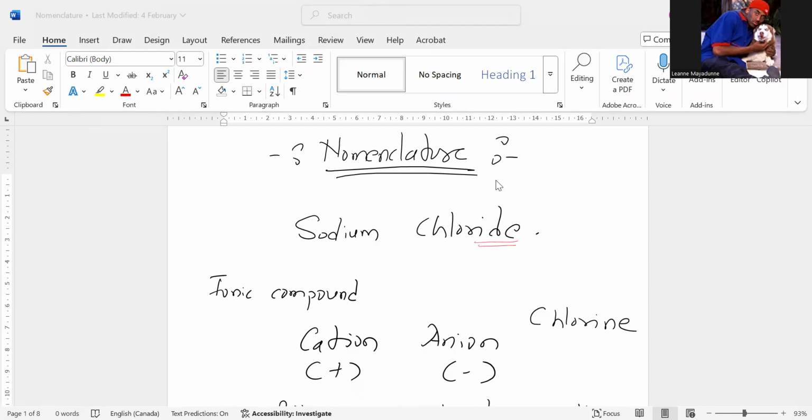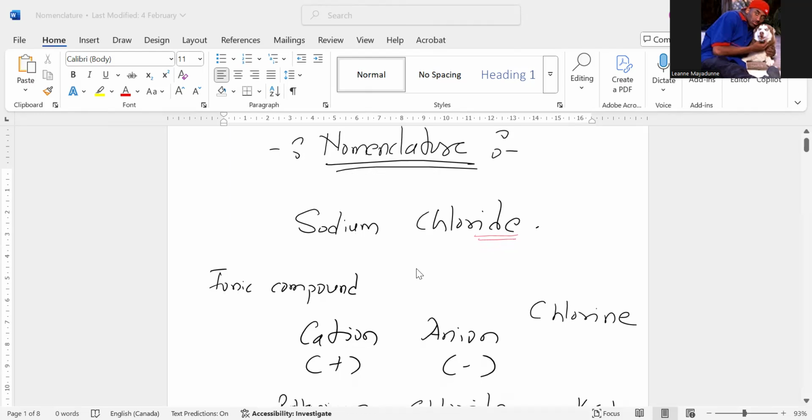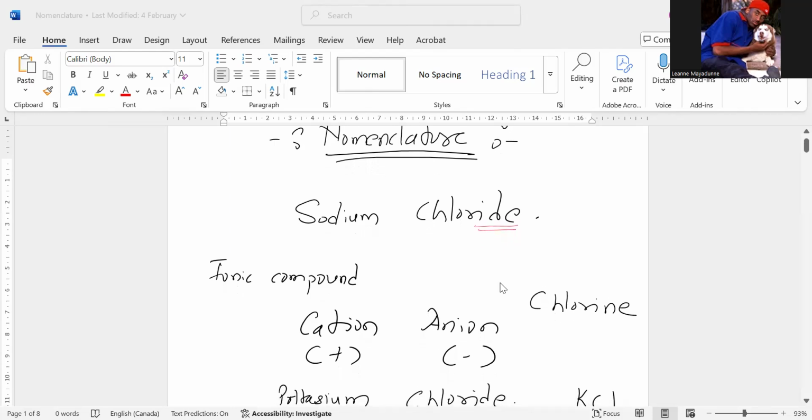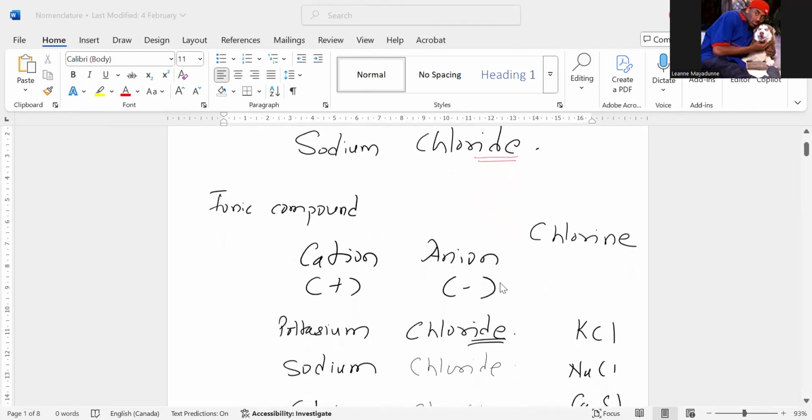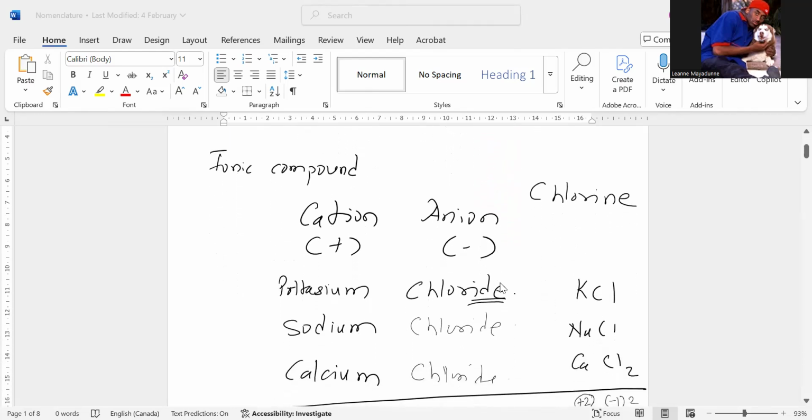Anions come after the cations. Your anions end with IDE. If it is an element, then they end with IDE. Can you take down these examples?